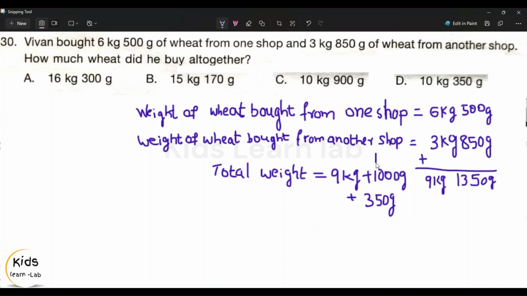So 1000 grams can be written as 1 kg. So 9 plus 1 is 10. 10 kg 350 grams. So option D is the right answer, children.